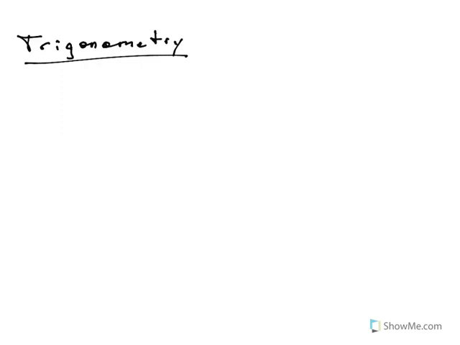And the reason it's important is not so much the trigonometry itself, but the fact that trigonometry is going to be a way of using vectors. And vectors is the important thing.